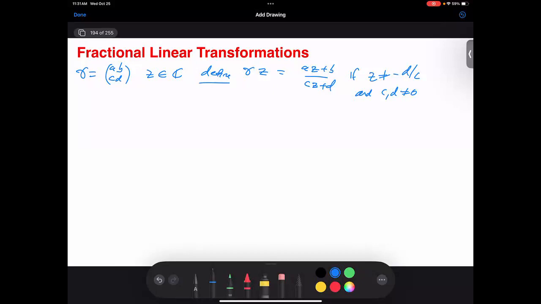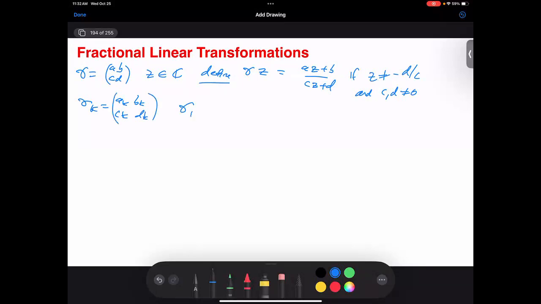Well, that was just said, yeah. So I took one matrix and I applied it. I could apply again, I could apply another matrix. So what if I had gamma K is A_K, B_K, C_K, D_K.